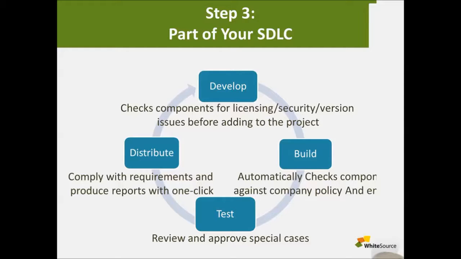This can be security, version information, or licensing issues while you're adding them to the project. When building is a good time to do a cross-check of all the components that go in the build and match them against your policy and make sure that your policy is held in that build.